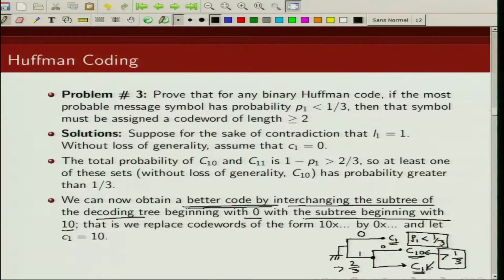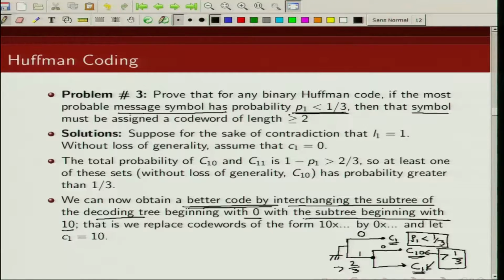So what we have shown is that this assumption, that the most probable message symbol with probability less than 1/3 has a code word of length 1, fails, because we just saw that in that situation we can actually get a better code by interchanging C1 with either C10 or C11.